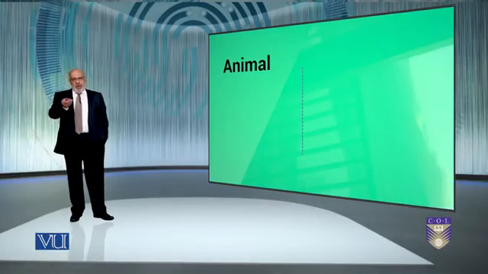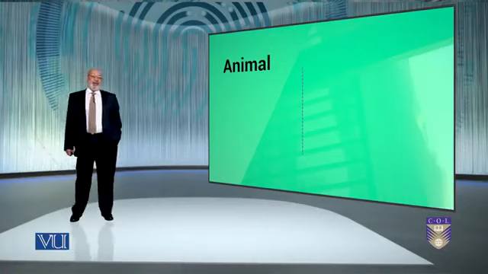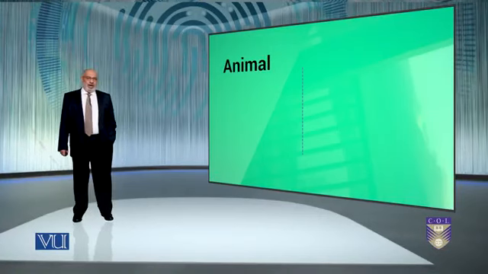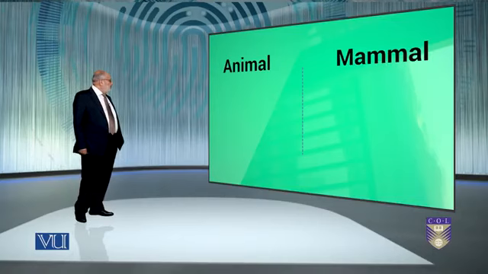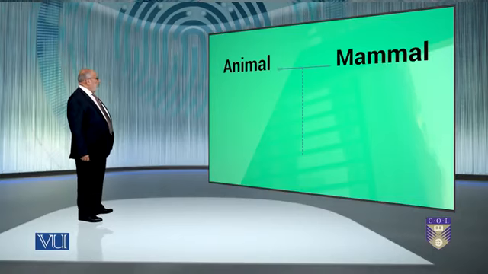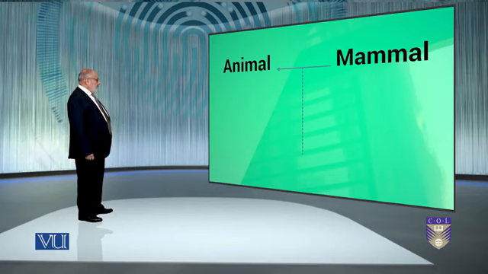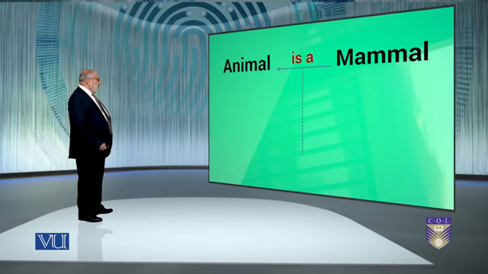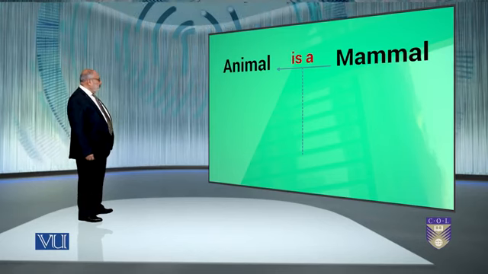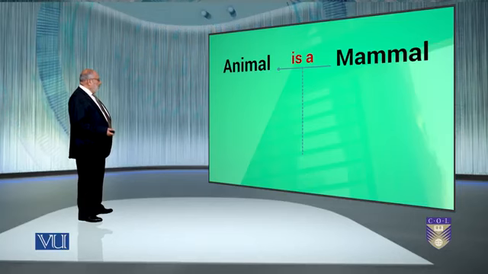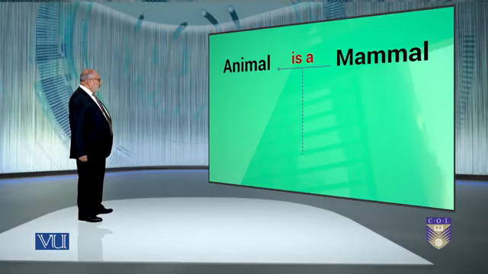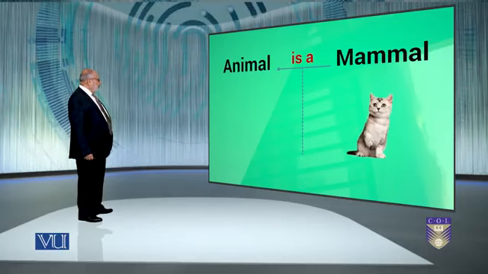Now here is an example. You have animals on one side, you have mammals on the other, and so there's a linkage between them. You can say an animal can be a mammal. Let's discuss a cat, for instance.